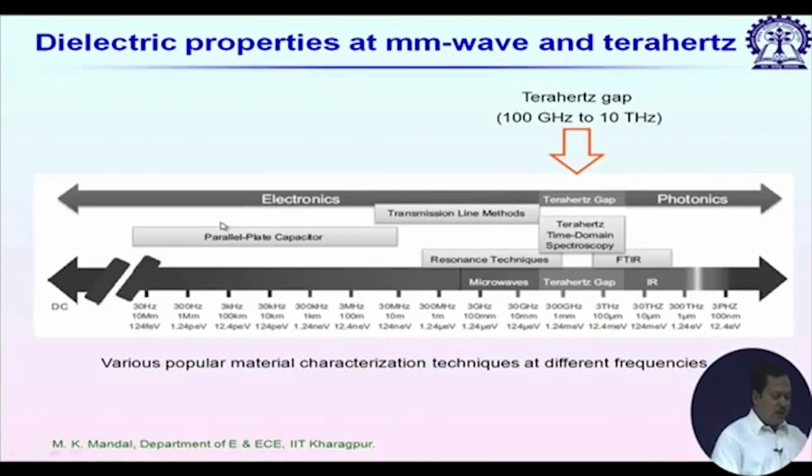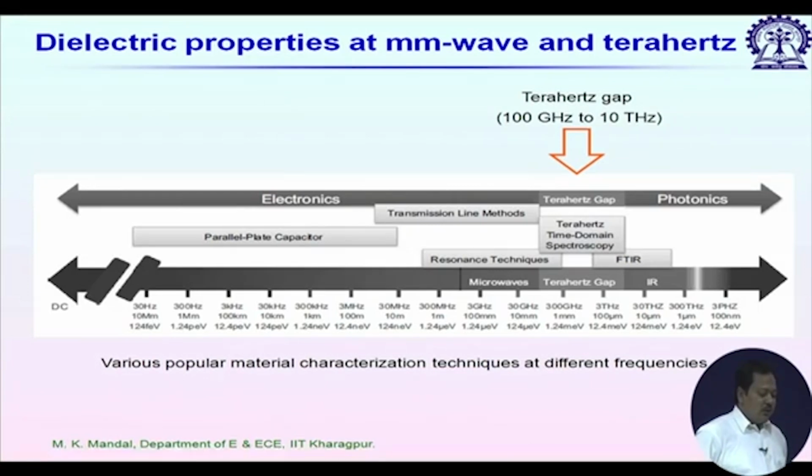So, in the next part we will see what the different material properties are at millimeter wave frequencies, and not only that, even at terahertz frequencies. Sometimes we use the same materials for microwave frequency circuit design as well as for millimeter wave frequency design.